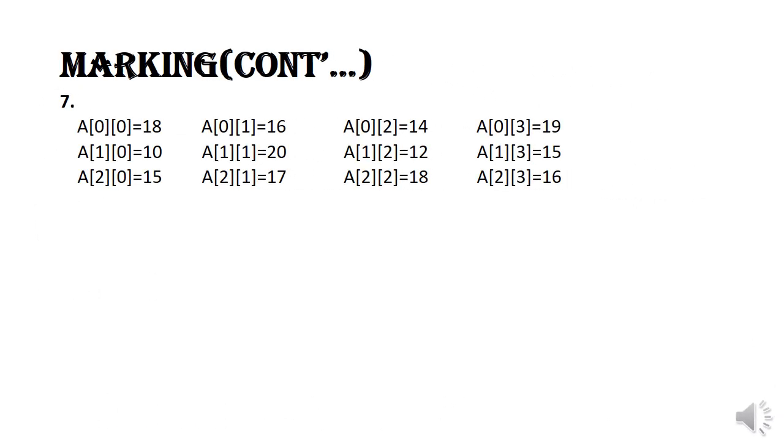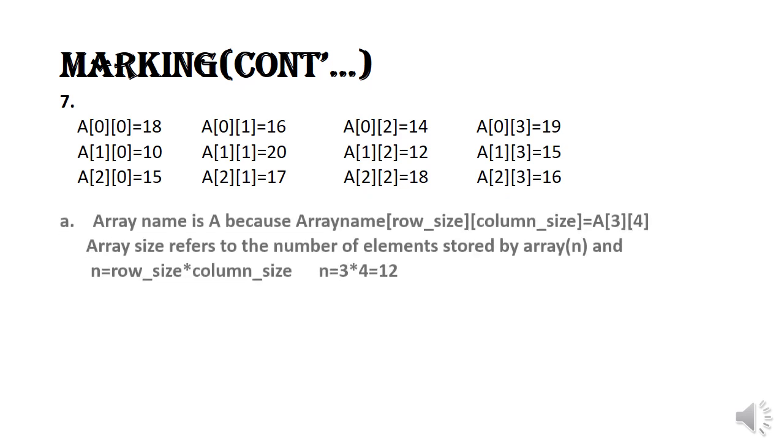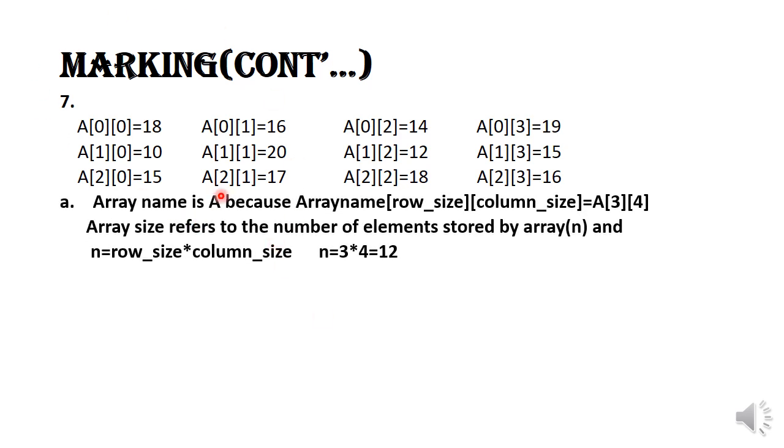So for question number 6, by looking at its elements, we can say that the array name is A, because by following the syntax to declare an array, we have the data type, the array name, the row size, and also the column size.